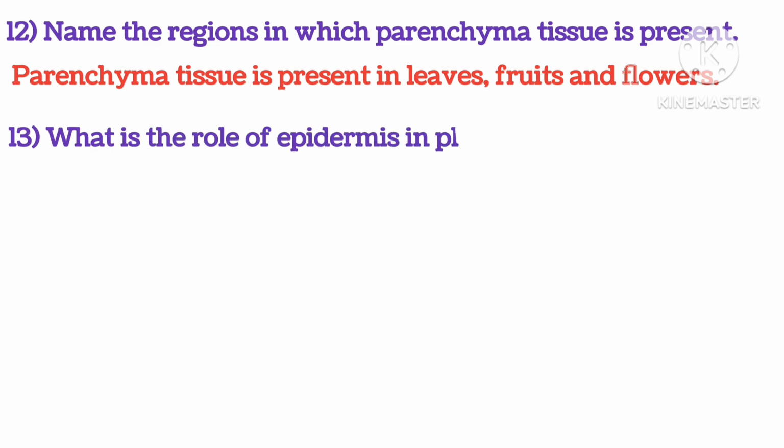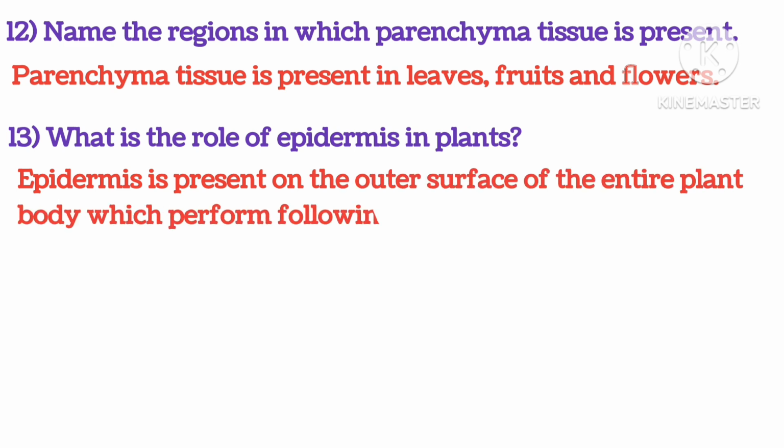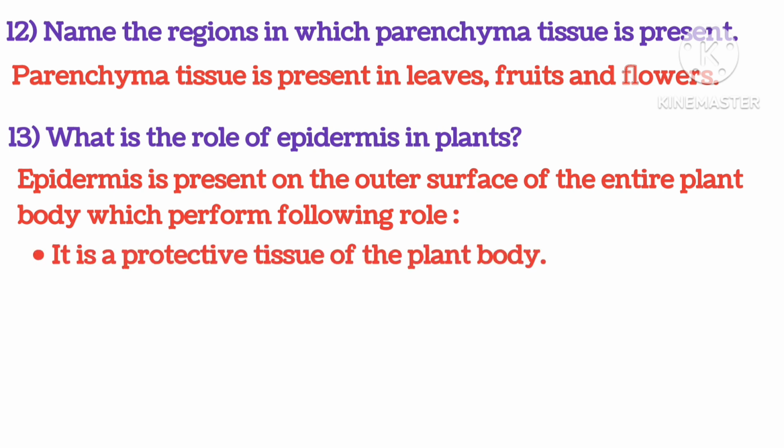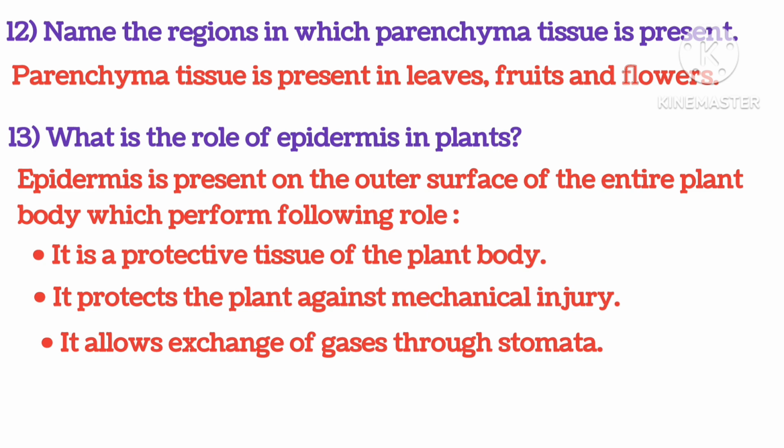What is the role of epidermis in plants? Epidermis is present on the outer surface of the entire plant body, and performs the following roles. It is a protective tissue of the plant body. It protects the plant against mechanical injury. It allows exchange of gases through stomata.